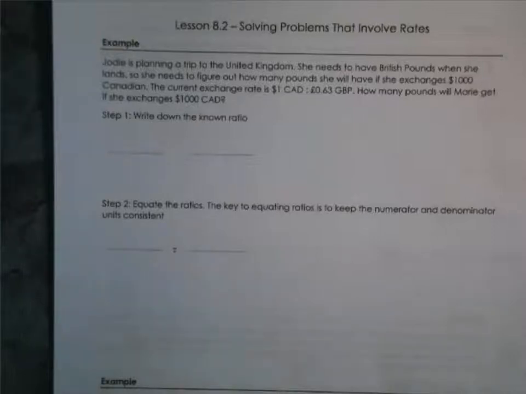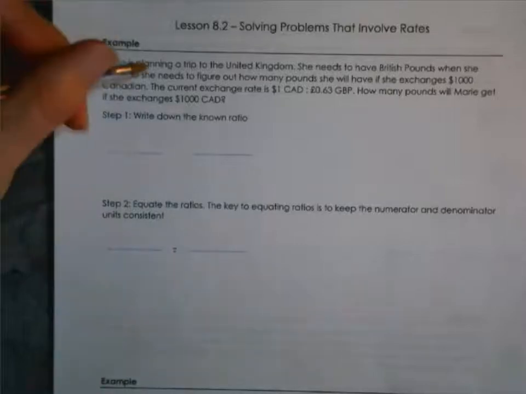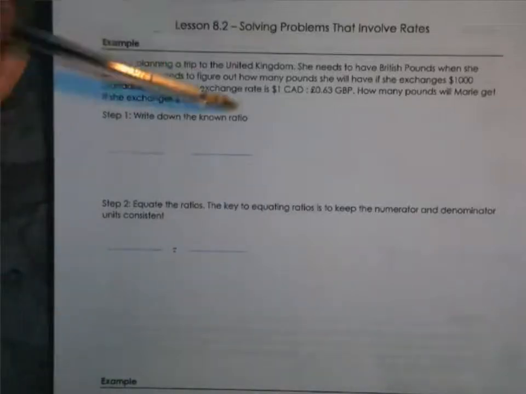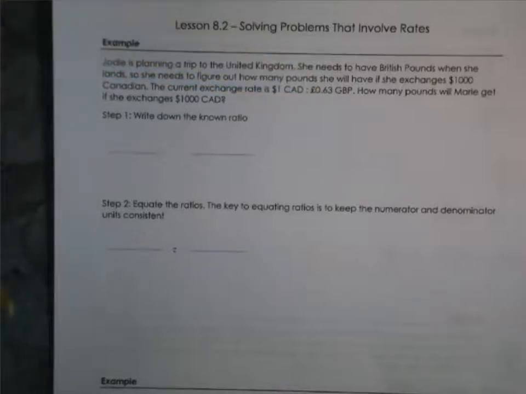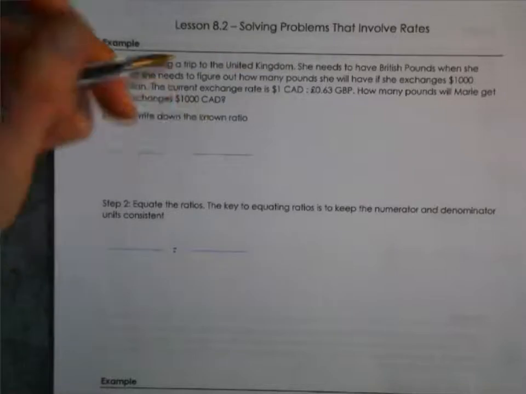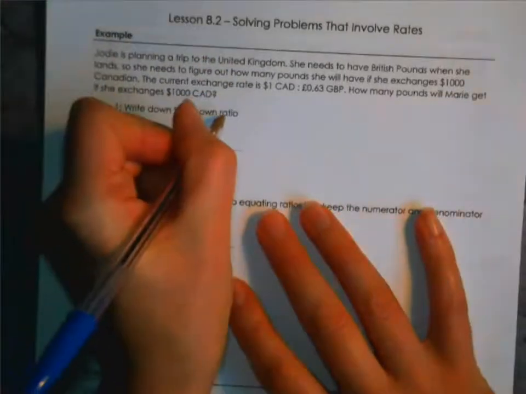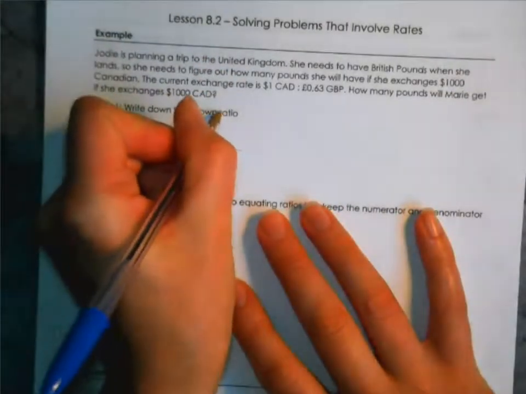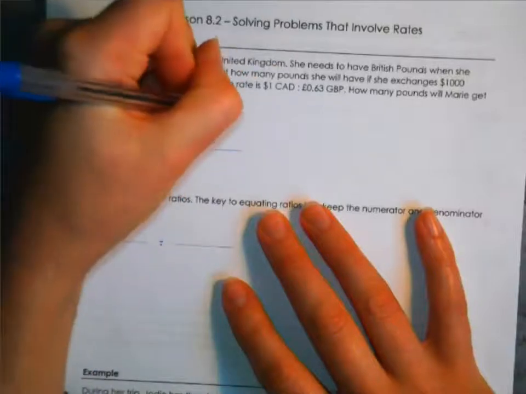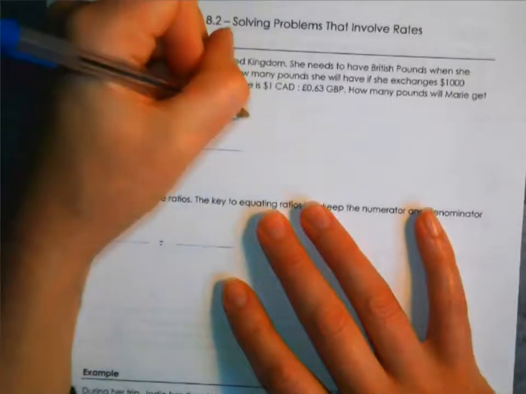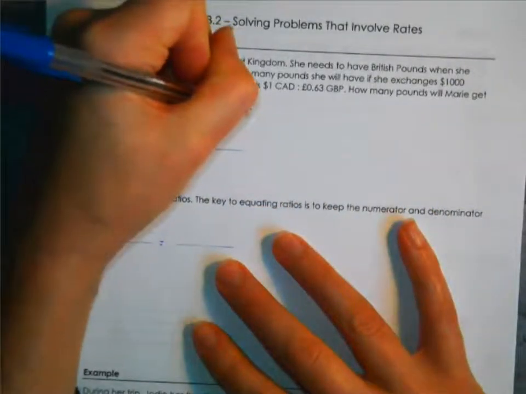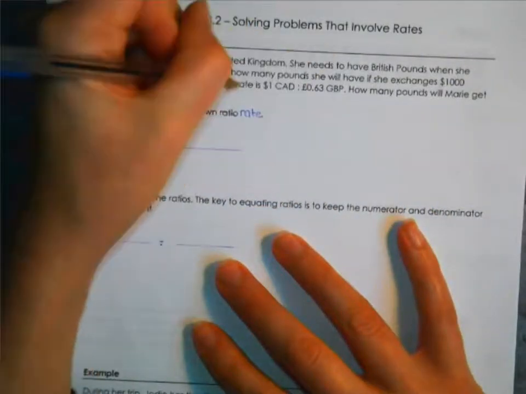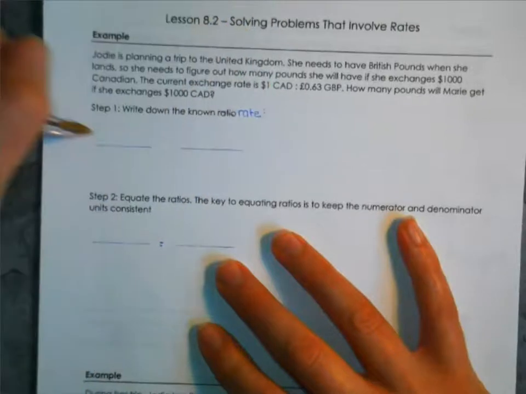So generally what we're looking at when we're doing this kind of work is figuring out what our known ratio is. Actually, sorry you guys, I should have written down the known rate, because if you remember, last time we talked about the fact that a ratio is comparing the same units, and here we're looking at two different units, Canadian dollars and pounds.